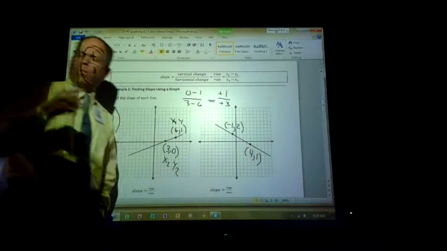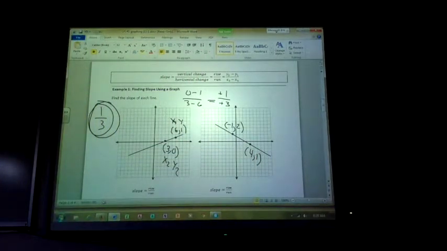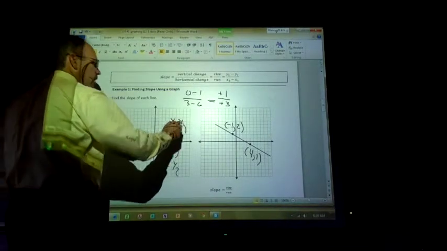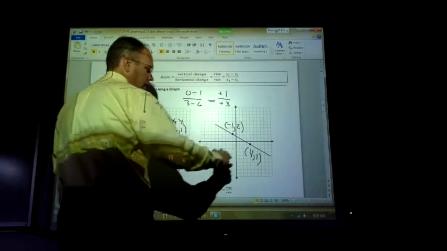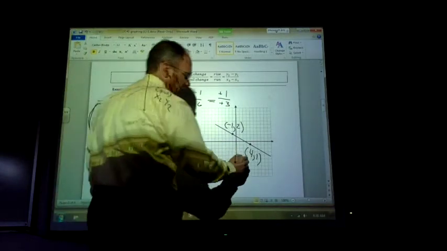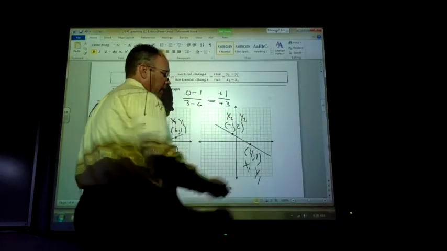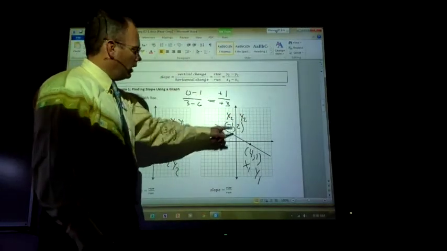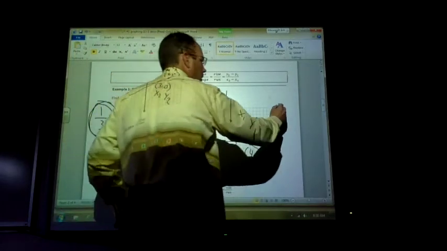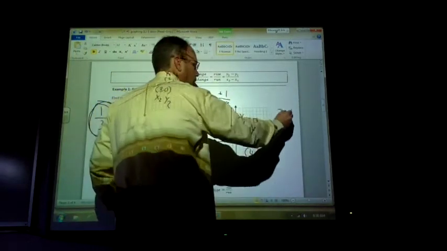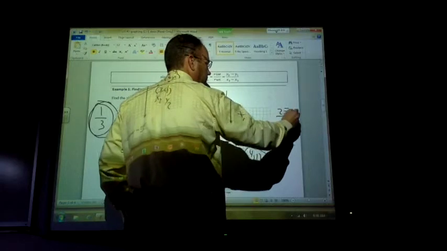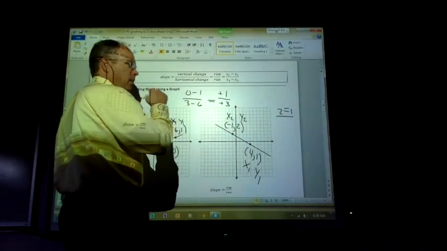Again, I have to pick one of those points and label x1, y1, and pick the other point and label x2, y2. It doesn't matter which one you pick to be first. I picked the top one to be x1, y1, and the bottom one to be x2, y2. Plug into the equation y2 minus y1. So I have 2 minus -1. That one's negative.